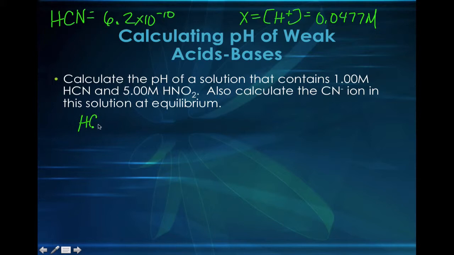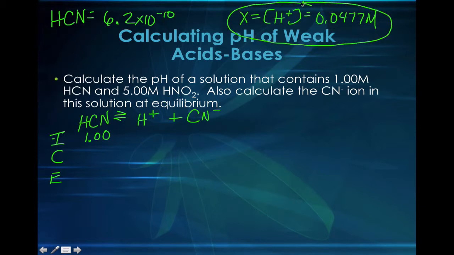So if I write the equilibrium reaction for HCN, it's going to break into H plus and CN minus. I want to do my ICE table. Originally the HCN is 1 molar. The H plus is not 0. The H plus is what came from the HNO2, and that's why I wrote this number up here. It is going to be 0.0447 molar.